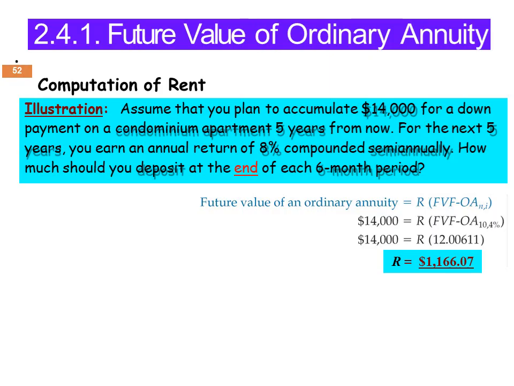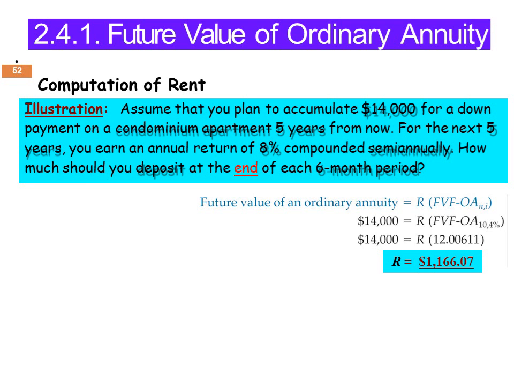Then our rate is 8% if annual, but if semi-annual, we divide 8 by 2, that is 4%, or 0.04. The future value of an ordinary annuity is equal to the regular payments times the future value factor of an ordinary annuity at 10 periods and 4% interest.